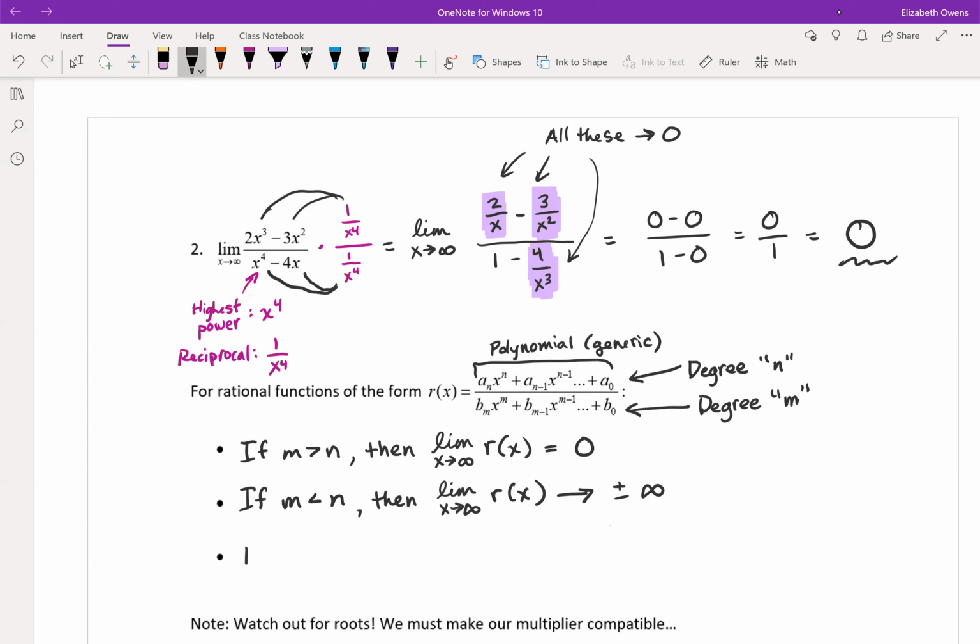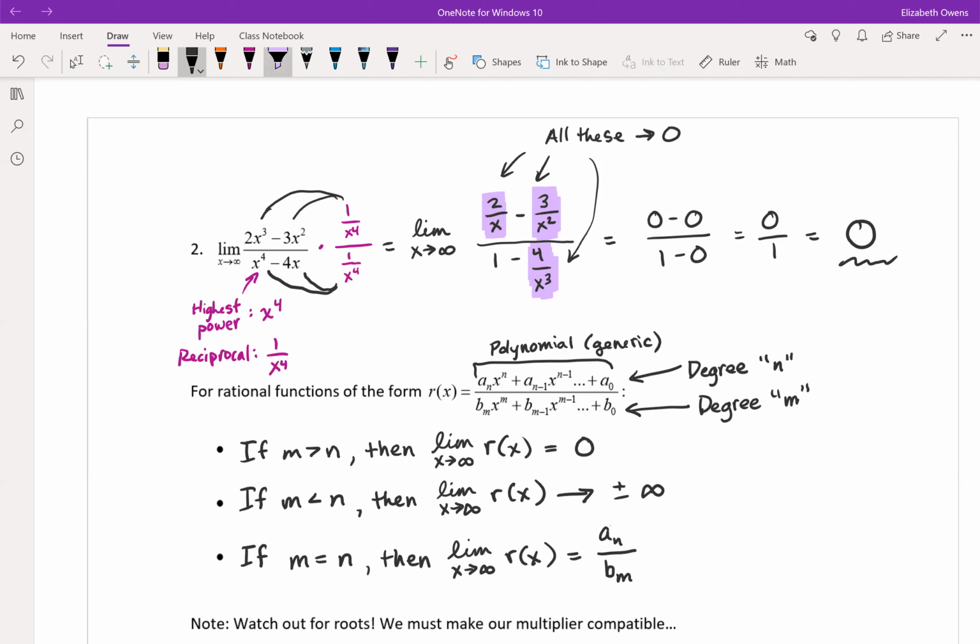Now, the last case, if the degrees are equal, so if m equals n, your polynomials in this rational function are of the same degree, then we get a nice result for this limit as x approaches infinity of r of x. It's going to equal the ratio a sub n over b sub m.